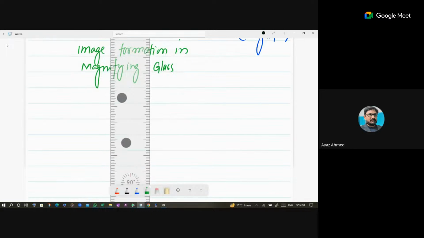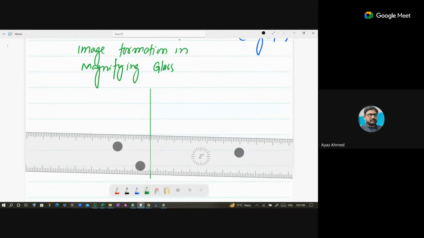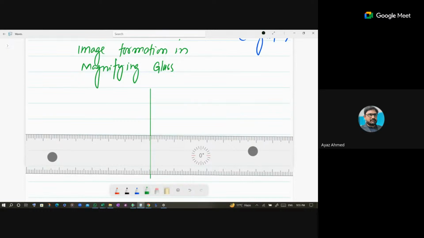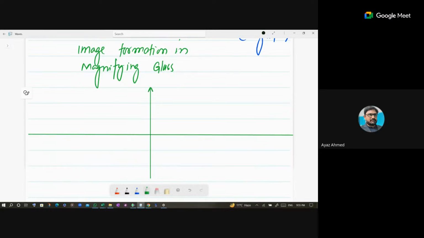It is a converging lens. So if I have a converging lens over here acting as a magnifying glass, it has the principal axis over here. This is the principal axis. So this is the glass, acting just like a magnifying glass.